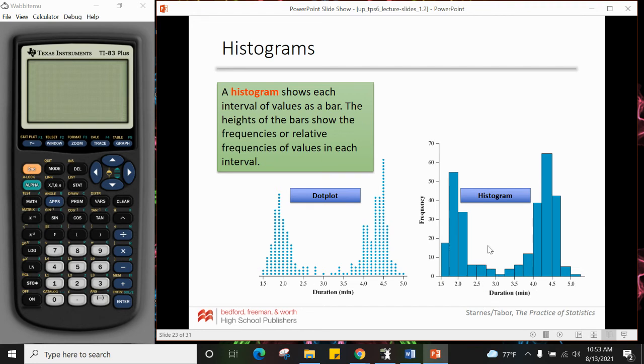I don't see those exactly in a histogram. I lose sight of the individual data value, but I can see the whole group a lot easier. Those are the pros and cons of using a dot plot and a histogram. With a dot plot, you see the individual data value, but it's a little harder to see the whole group, or it takes a while because you could put a lot of dots onto a dot plot.